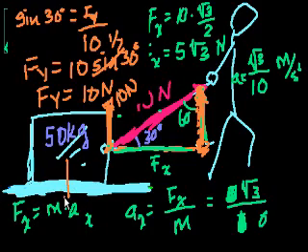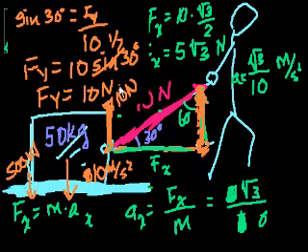But the force downward, what's the force of gravity on this block? Well, it's 50 kilograms times 9.8, or roughly 10 meters per second squared, right? So the downward force of gravity is something like 500 newtons. 500 newtons, gravity's pushing down. And my upward force is only, it's 5 newtons, sorry.